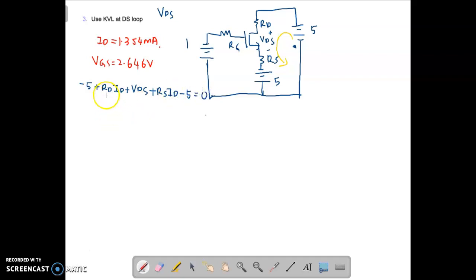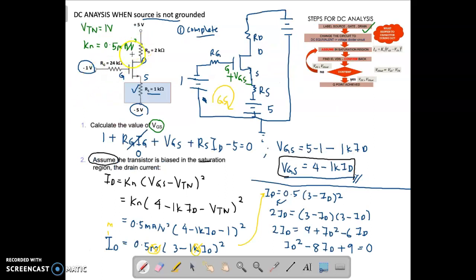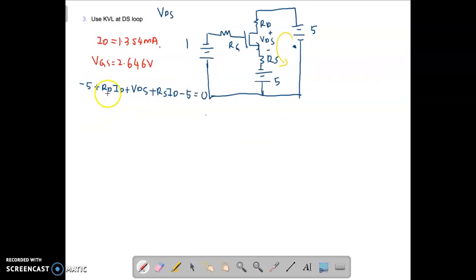What will be the value of RD just now? Where is your RD? Your RD is 2 kilo ohm. Your ID is 1.354 milli. You don't know your VDS.